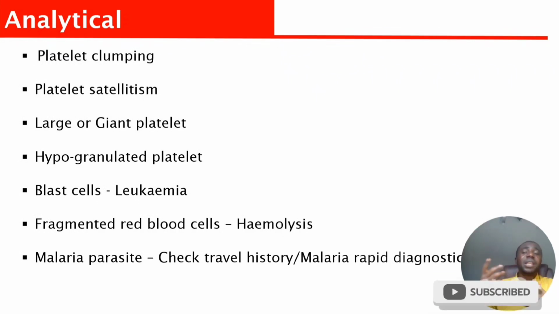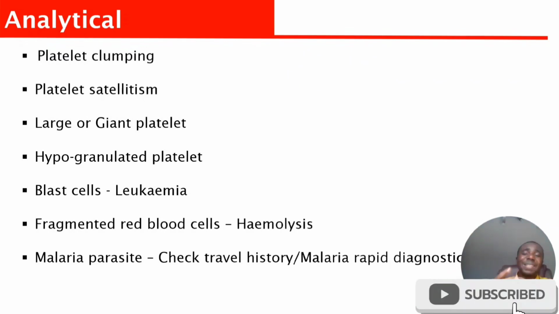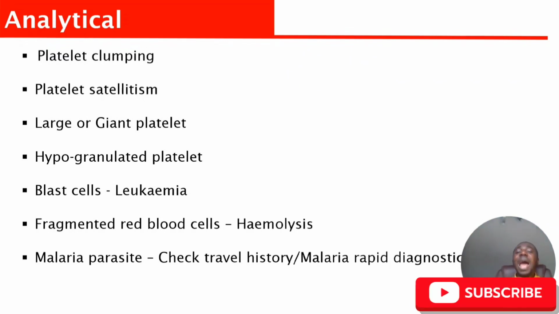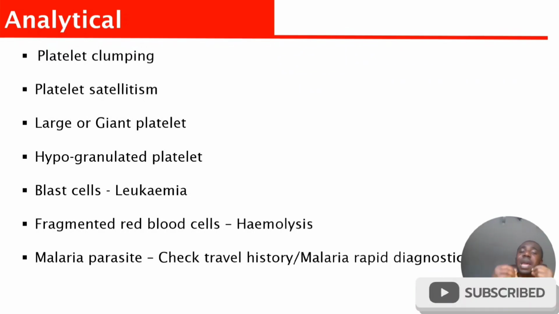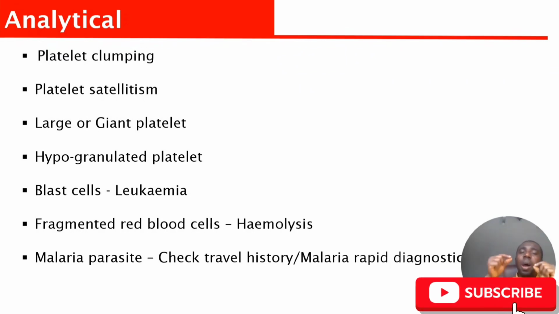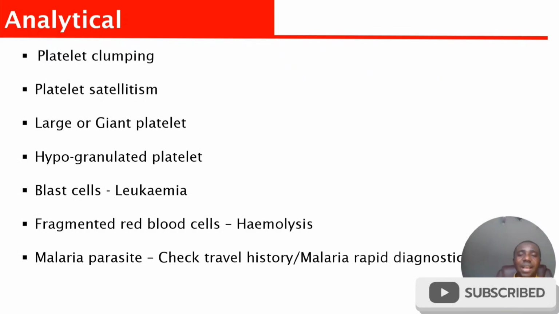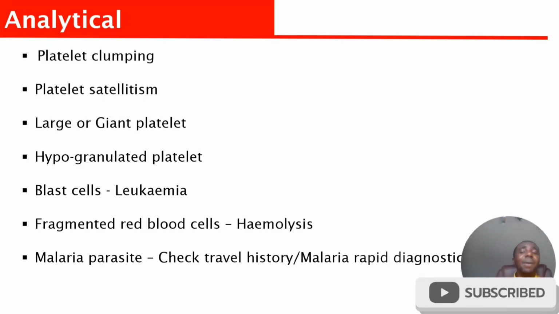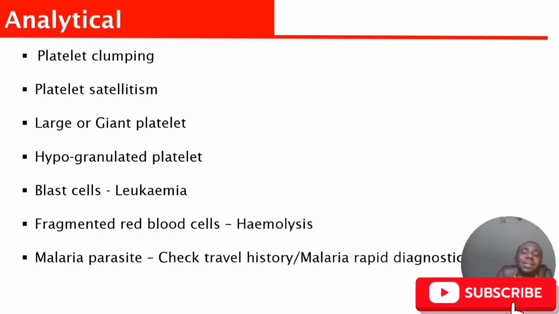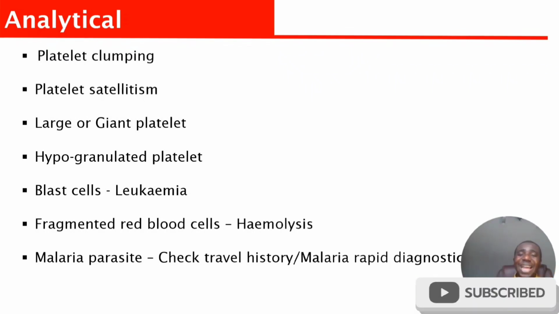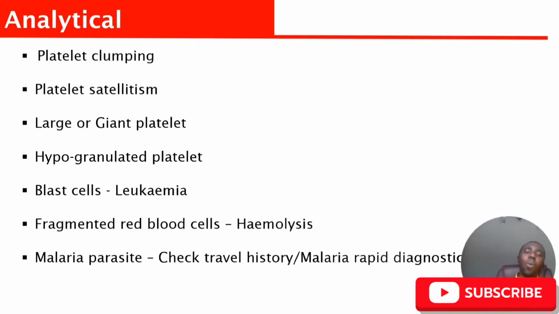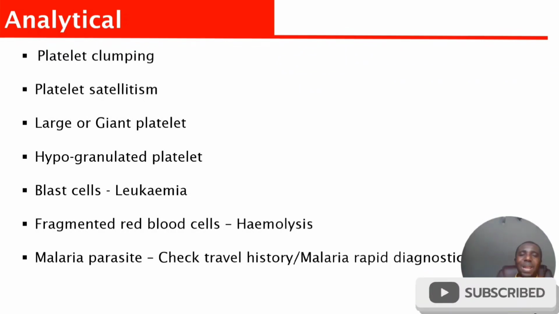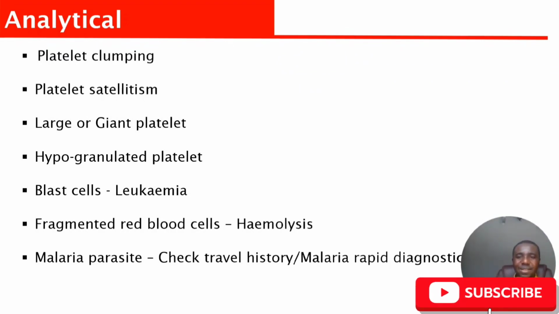That can start giving you an indication, or the possibility, of the person being infected with malaria. And of course you check it under the blood film. If you see malaria on the blood film, it will also be good to perform a malaria rapid diagnostic test, which is RDT. Once you do that, it can help you confirm that this patient has a malaria parasite, and that of course explains why the patient has a low platelet count. I hope this is making sense.